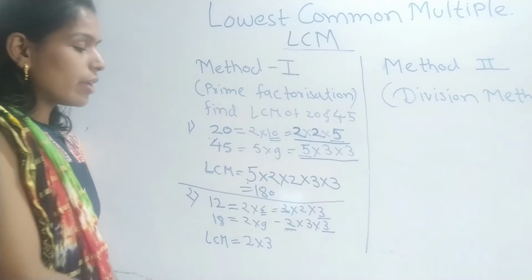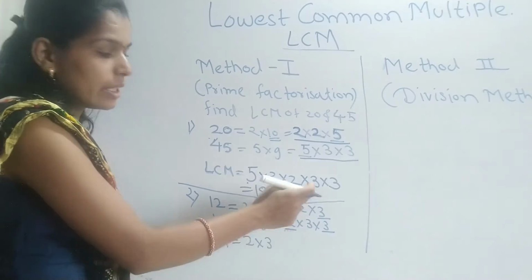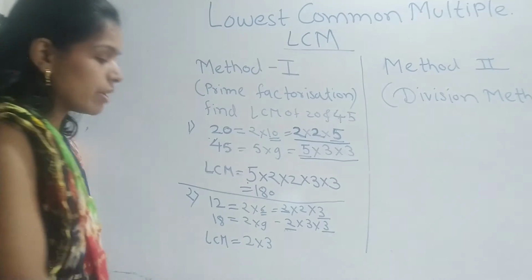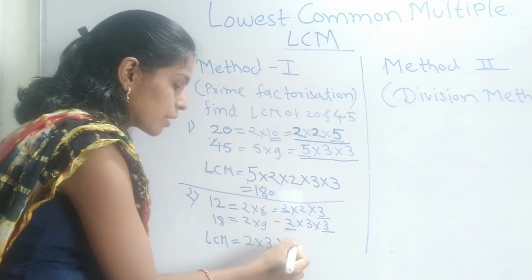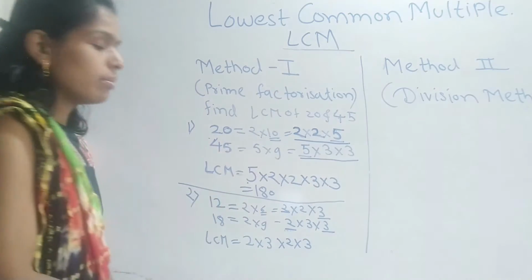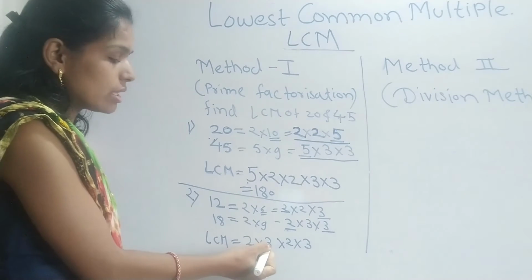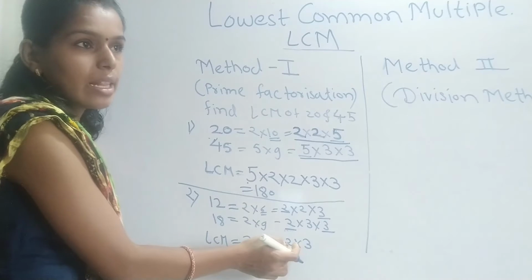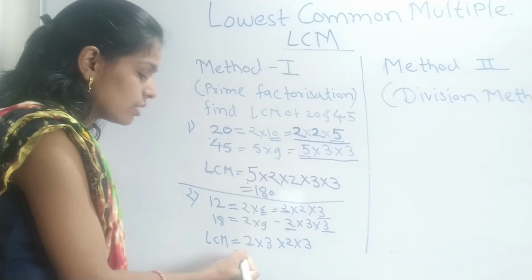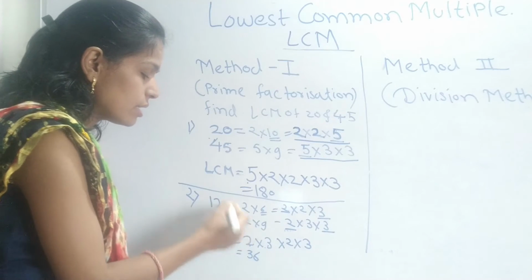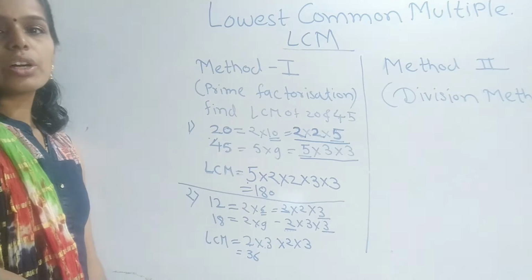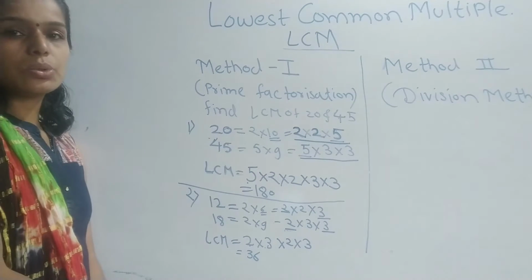Now uncommon 2 appears one time and uncommon 3 appears one time, so I am writing those 2 factors also. Then I will get the LCM of 12 and 18. What is the multiplication? 2 3s are 6, 6 2s are 12, and 12 3s are 36. So 36 is the LCM of 12 and 18. Got it? Hope the method is clear to you.